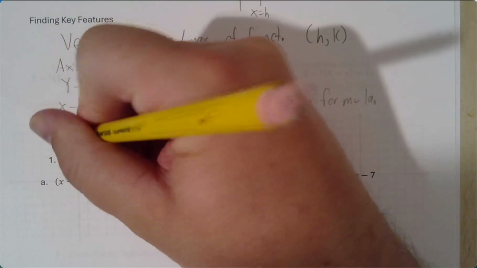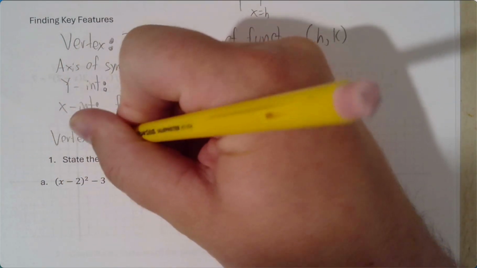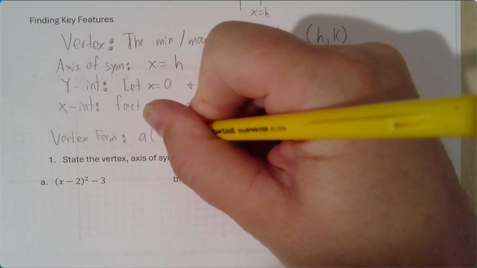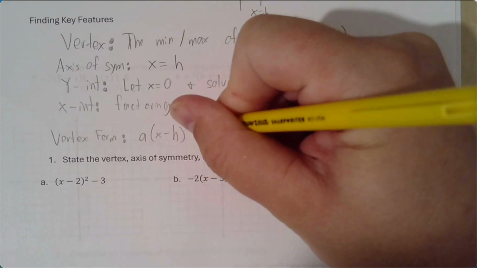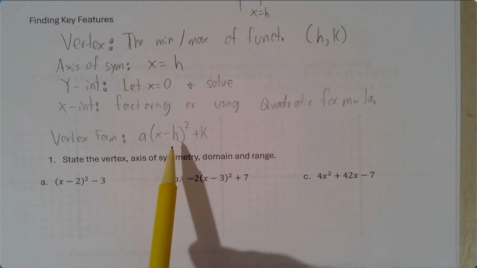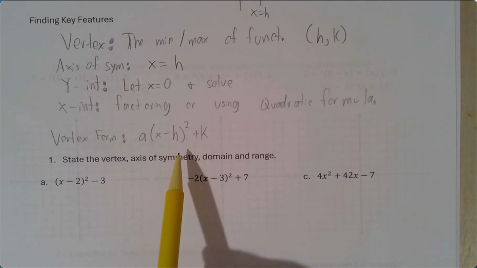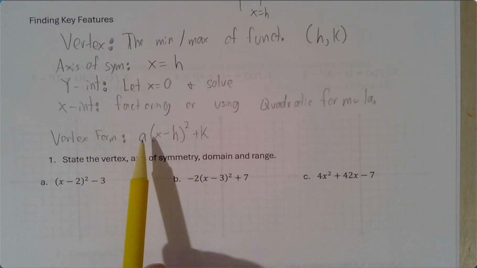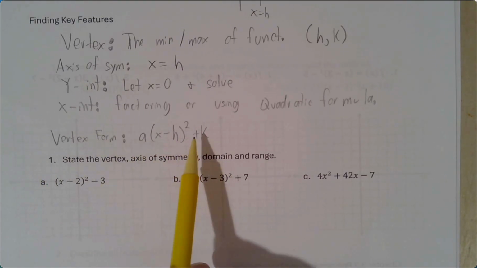Well, there's vertex form, and vertex form looks like this. And this should look very familiar to you because this should remind you of when we went through function transformations. We talked about moving left or right, and we talked about moving up or down and vertical stretches. All of that is right here.